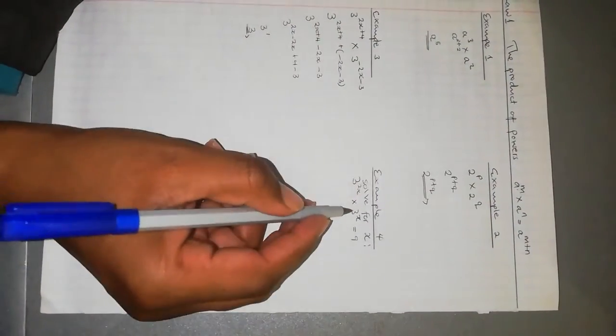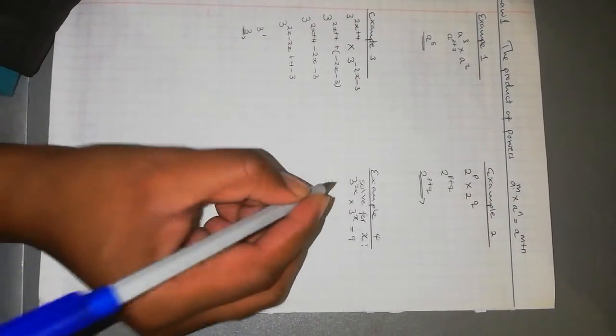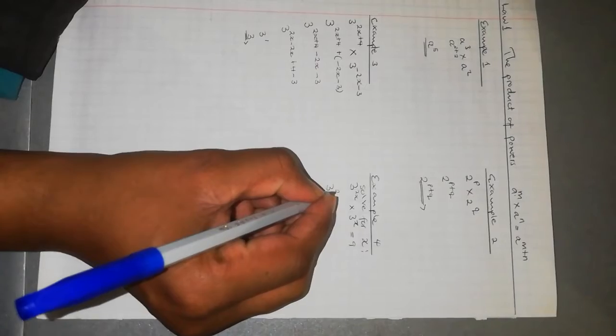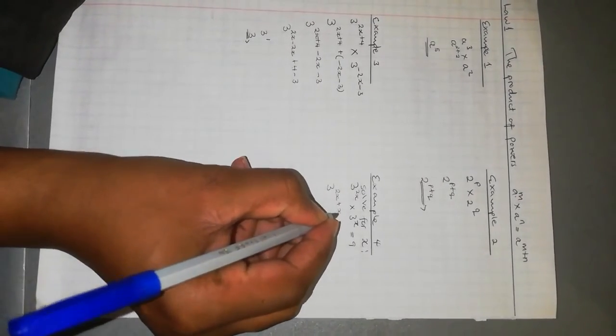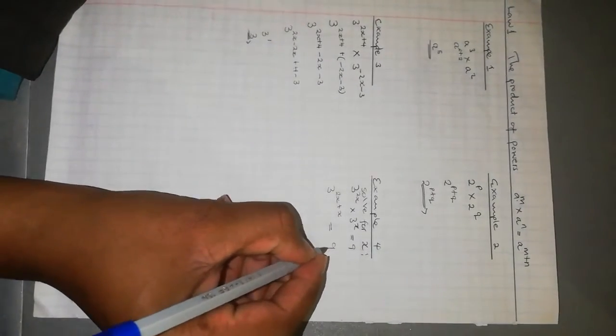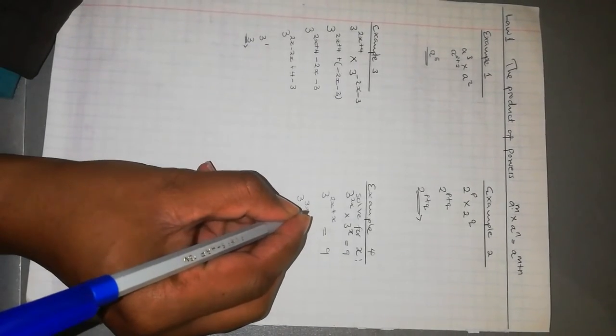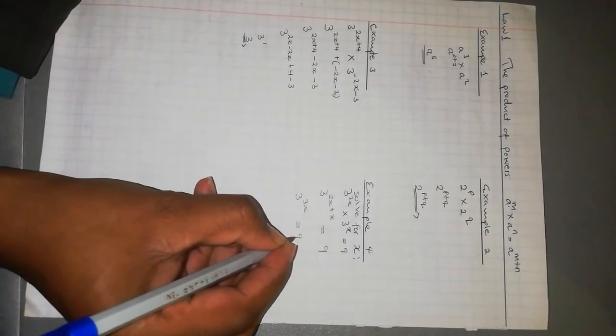Alright, let's copy one base here, 3. Then we have what? Multiplication, which means we have to add the powers. So it's 2x plus x is equal to 9. Are we together? So 2x plus x is equal to 3x. So we're going to say 3 to the power 3x is equal to 9.